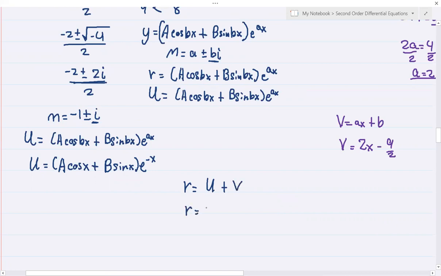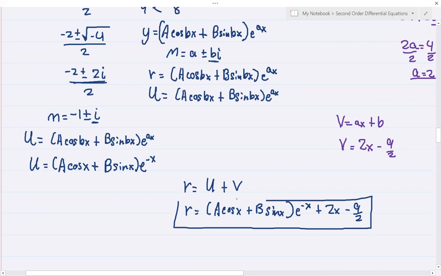So your r is a times cosine of x plus b times sine of x, times e raised to negative x, plus your v, which is 2x minus 9 all over 2. That is now your general solution. Okay, there we go.